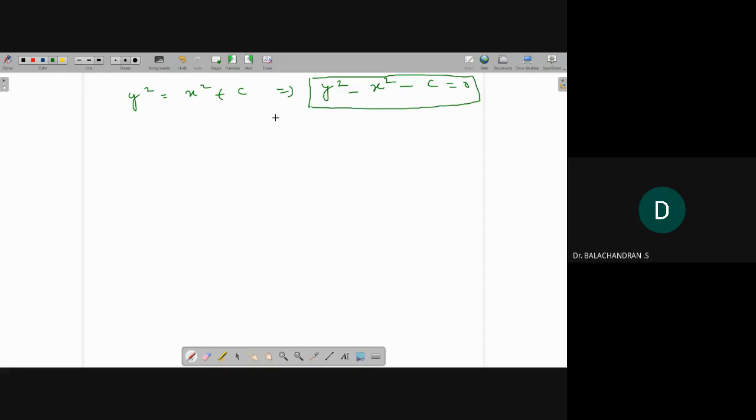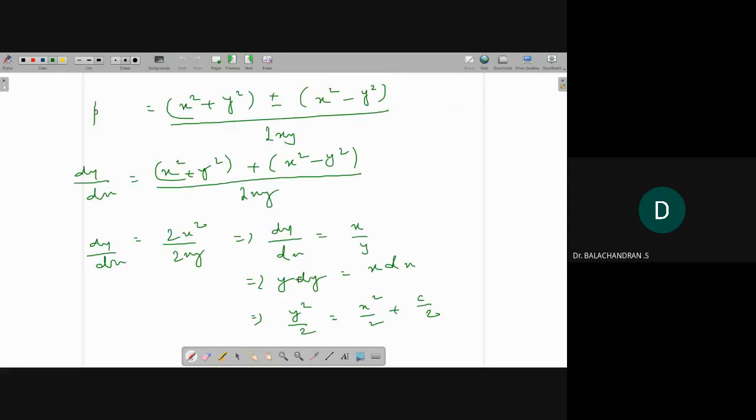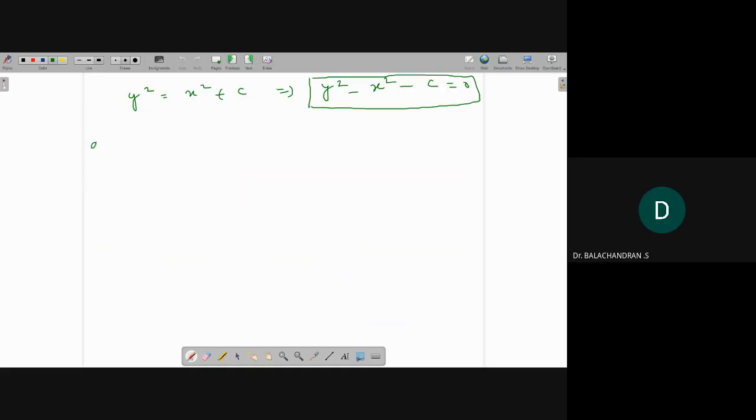And the second, what is the second option? Dy by dx is equal to x square plus y square minus x square minus y square divided by 2xy. So here x square gets cancelled.